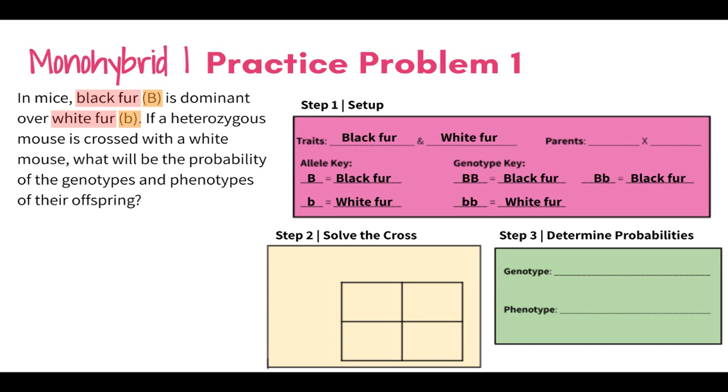Now we're going to go ahead and look at that parent cross. It tells us in the problem, if we were to cross a heterozygous mouse with a white mouse, we want to solve for the different probabilities. So we are going to highlight the two traits there. Heterozygous means, one more time, big B, little b, versus our white mouse, which is going to be our only combination of lowercase b, lowercase b.